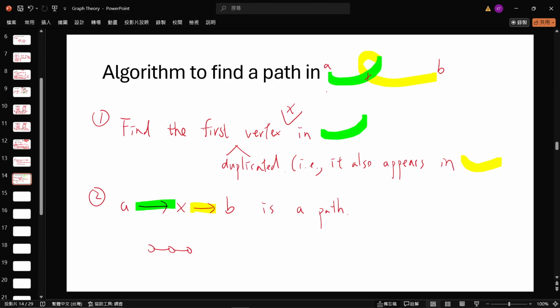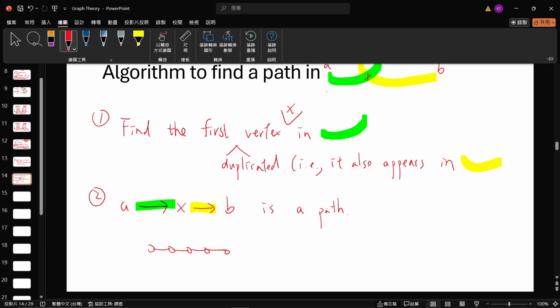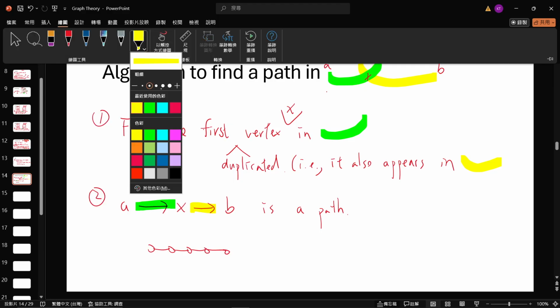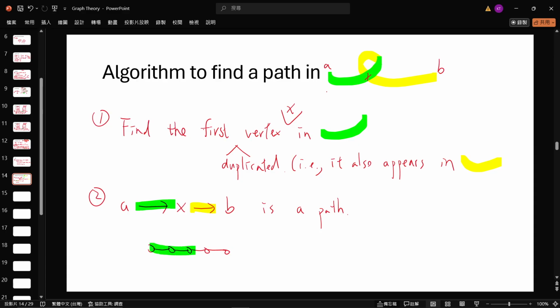Visually, this looks like this, okay? So I first traverse along the green one. This is A and this is X. Therefore, I then detour and follow the yellow one.